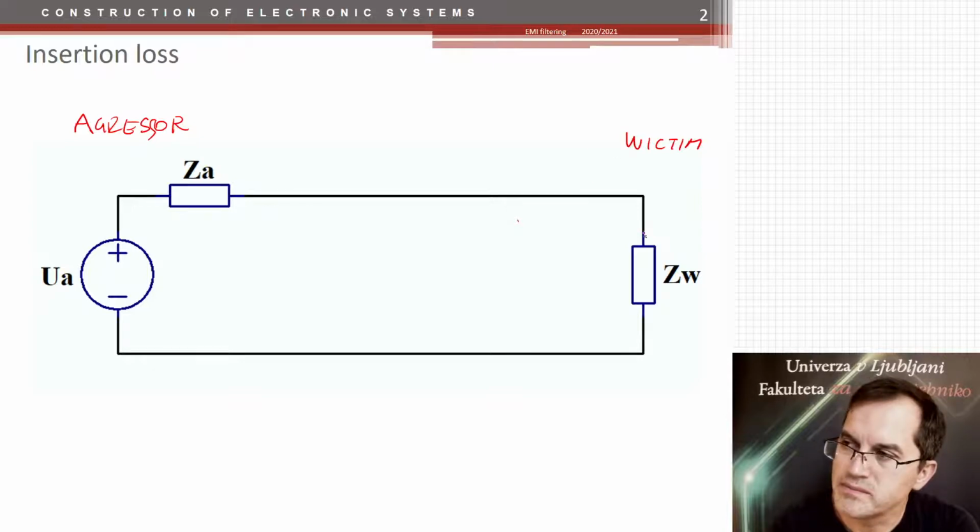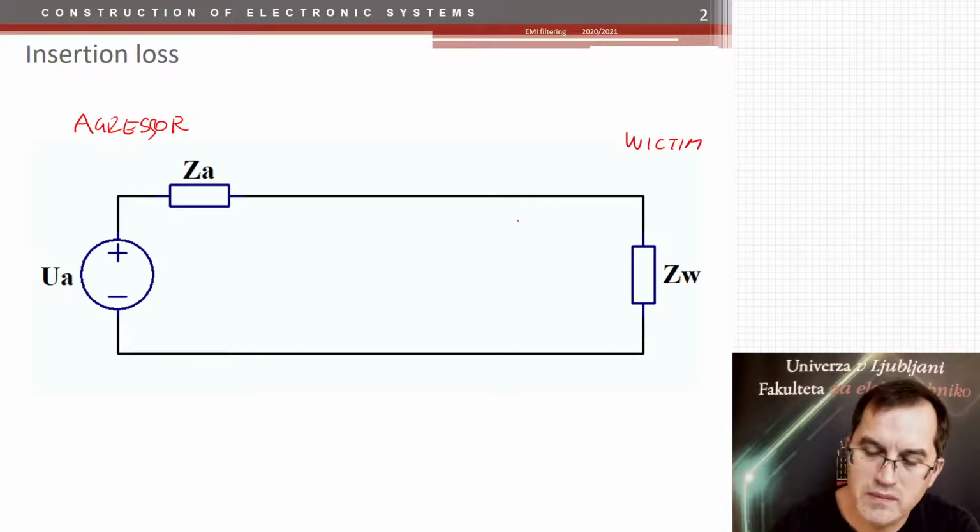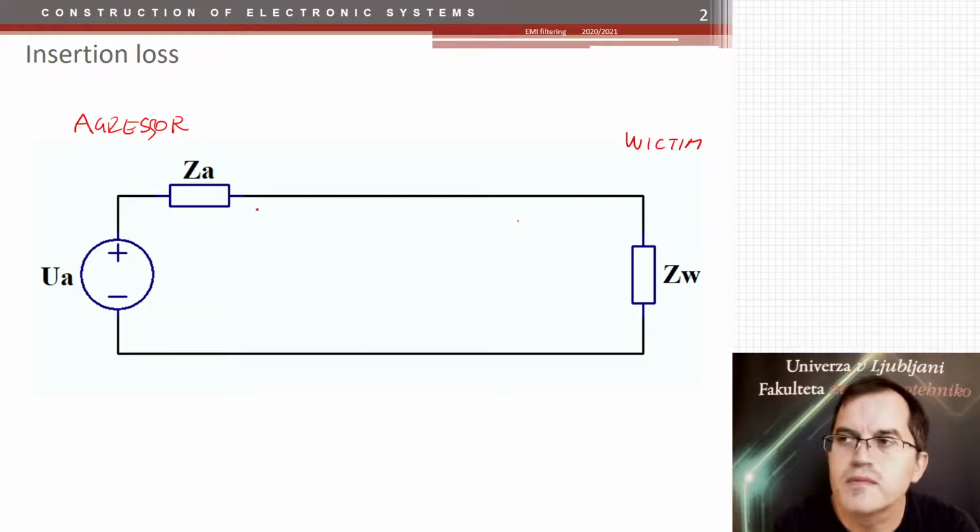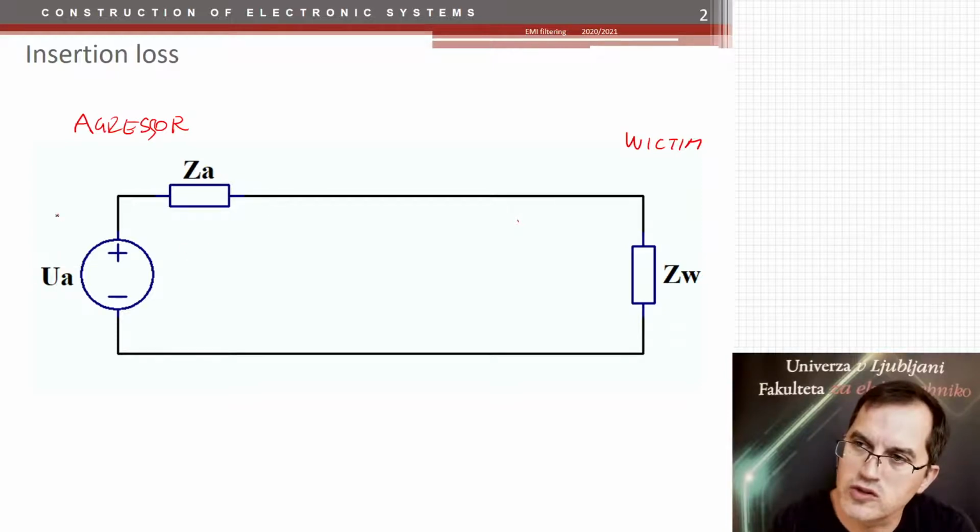A victim has a certain impedance as well. So we can now define a so-called factor, which would tell you what the noise suppression is. It is a suppression factor. So let's imagine we have a voltage here, which is the source voltage, and we have a victim voltage here.